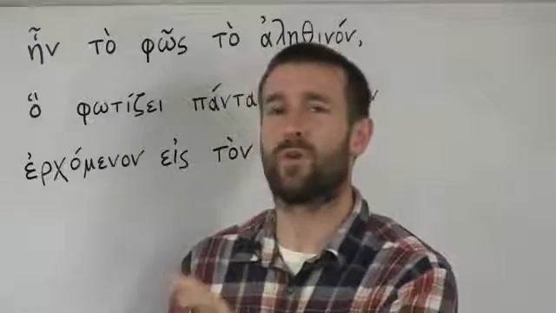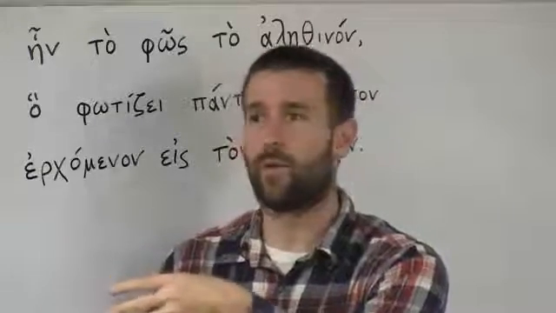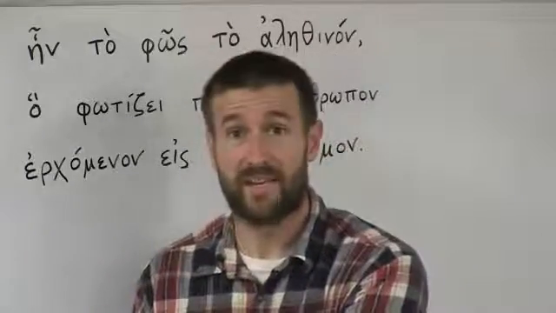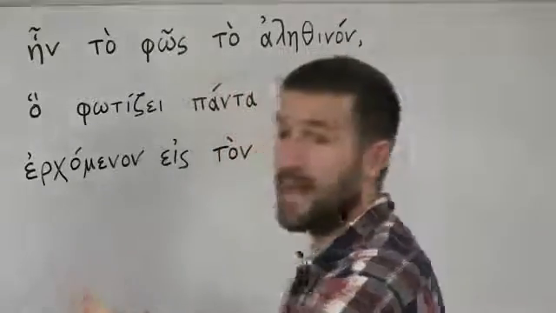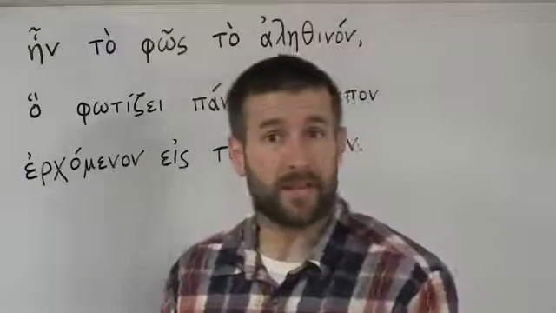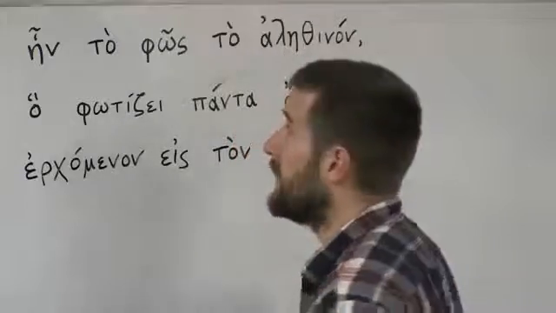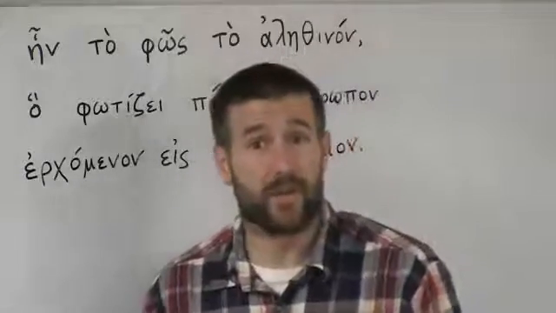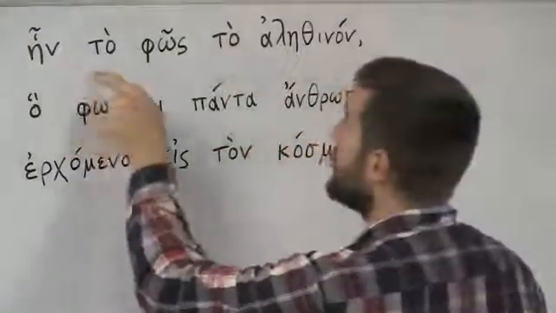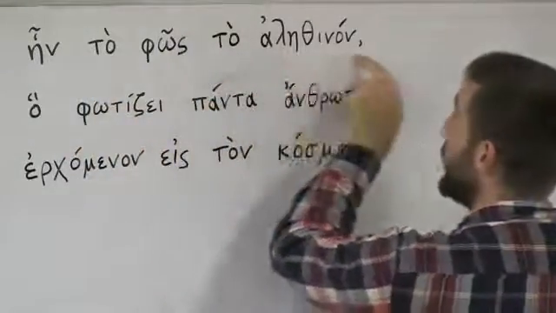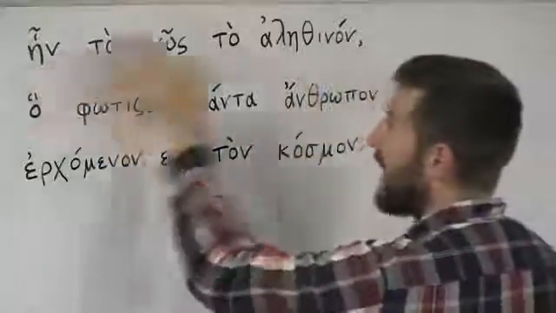No, the italicized words are there for a reason. In order for it to be properly translated, you have to have the word "that" to say this in English. But because it's not in the original, that's why they put it in italics. I hope you understand that. If you don't understand that, you probably shouldn't be learning Greek, because that's a pretty simple concept. But anyway, it says, "En to phos to alethinon," okay, which means that was the true light.